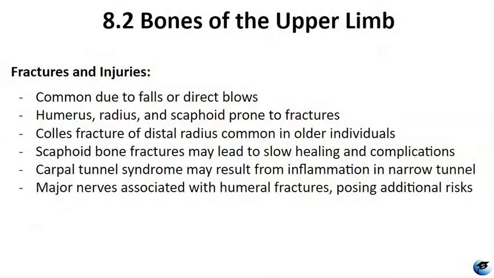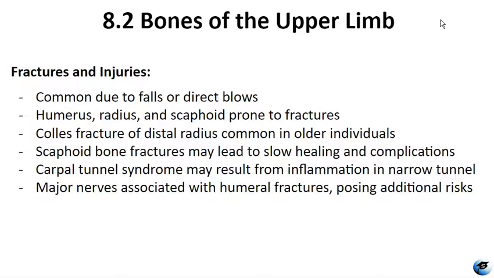Fractures and injuries affecting the upper limb are frequently observed, often resulting from falls or from direct impacts. Among the bones susceptible to fractures, the humerus, radius, and scaphoid are particularly prone to injury. For instance, older individuals commonly experience a Colles' fracture of the distal radius, which is characterized by a break near the wrist.